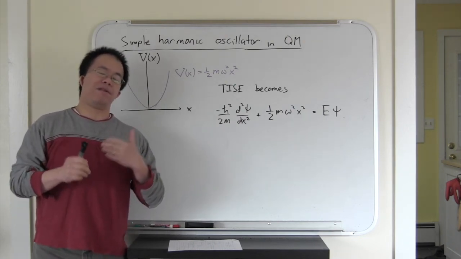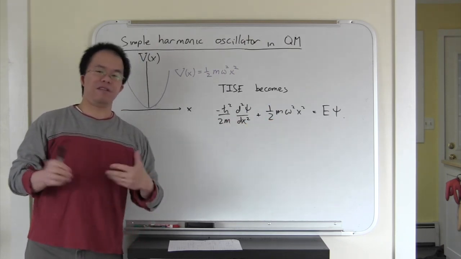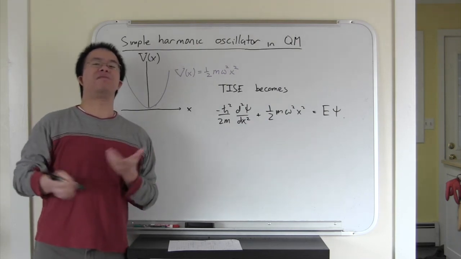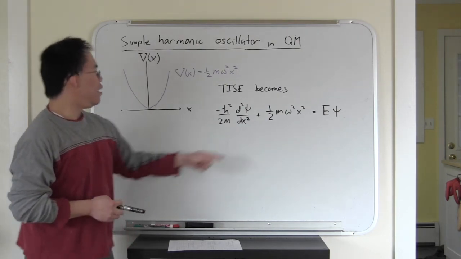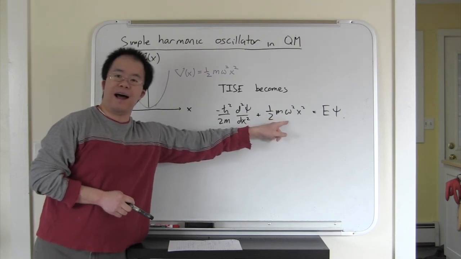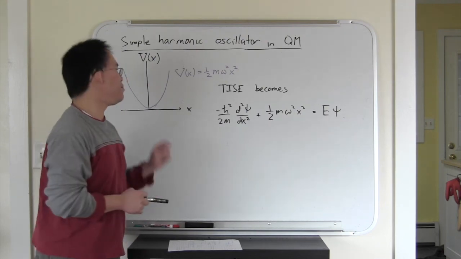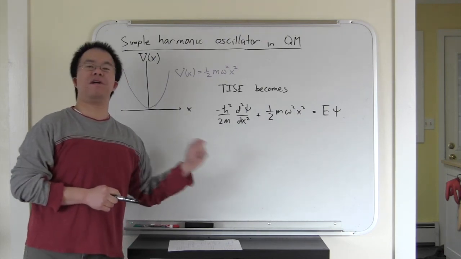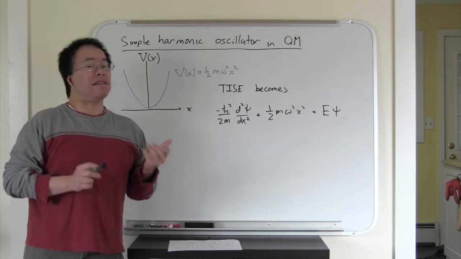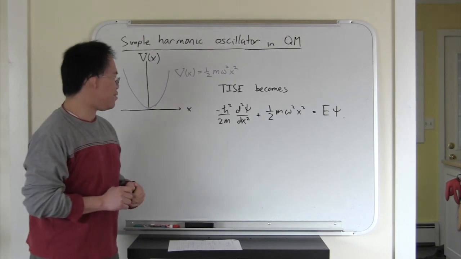For the finite square well, we had a constant potential energy, at least piecewise, and we could apply a very similar technique. Here things are different, right? There's this term that has an x dependence, and this makes the time-independent Schrödinger equation a lot harder to solve. Now, it is possible to solve this diffeq.